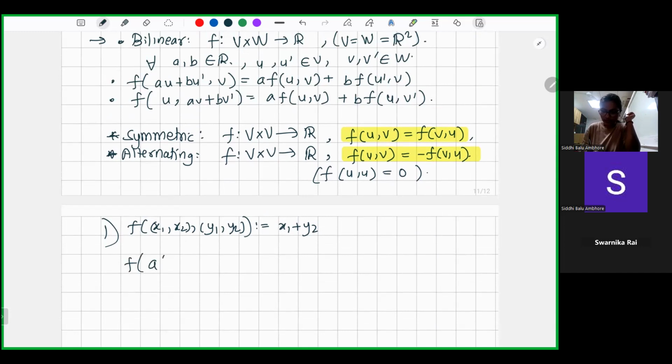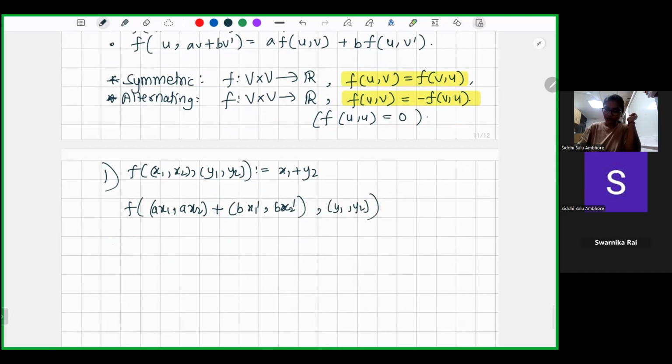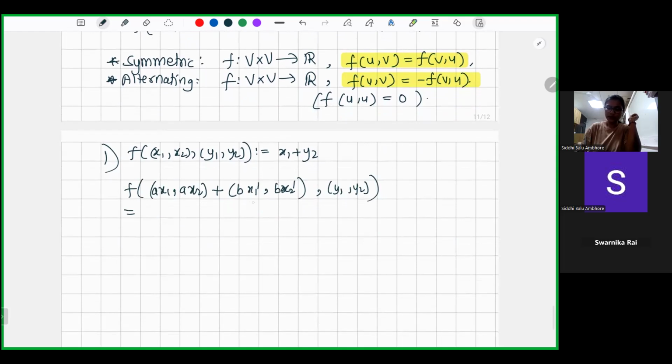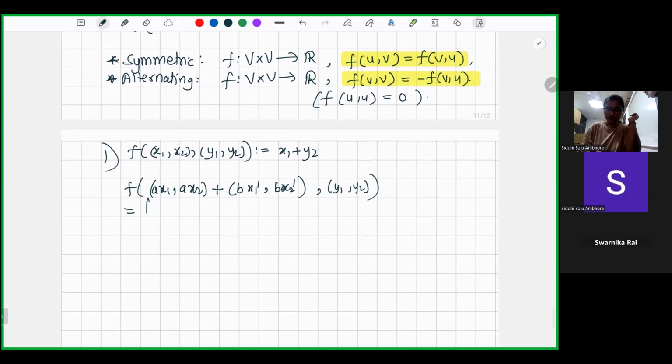Let me write this properly. (a x1, a x2 plus b x1 dash, b x2 dash), comma y1, y2. This is f of (a x1 plus b x1 dash, a x2 plus b x2 dash), comma y1, y2. This is my element.